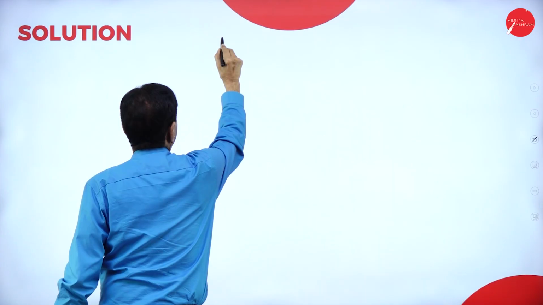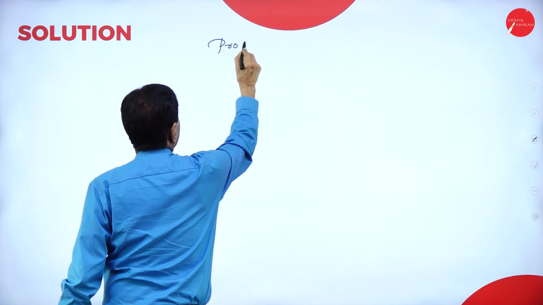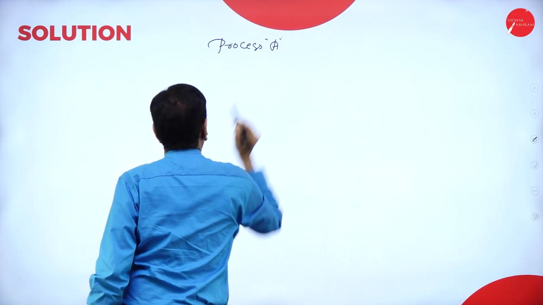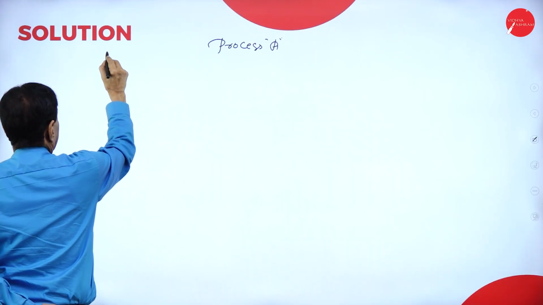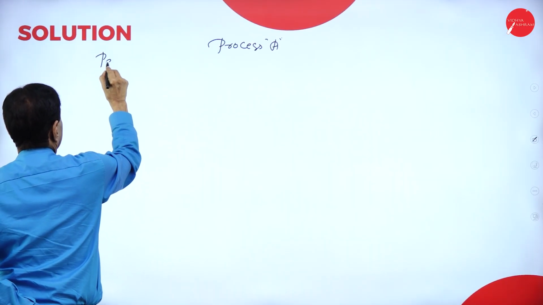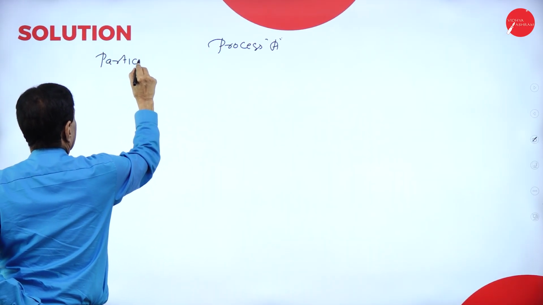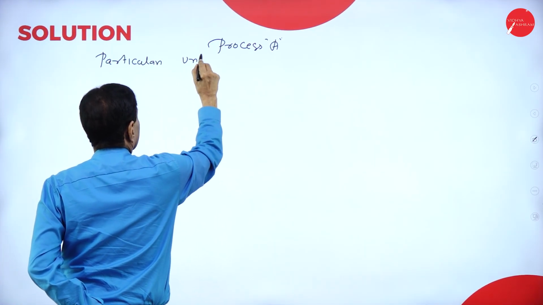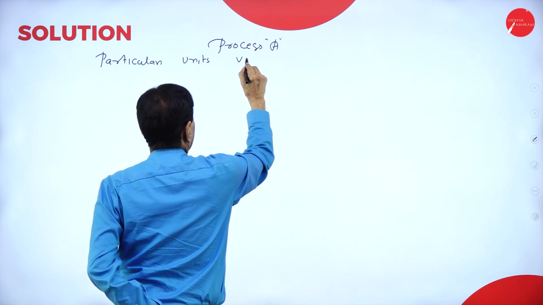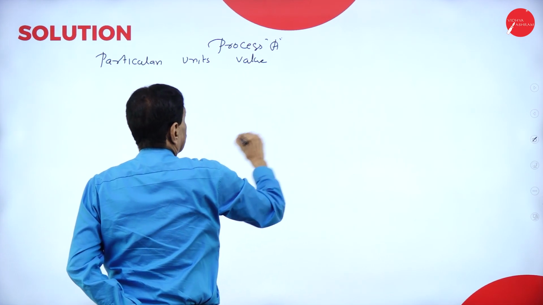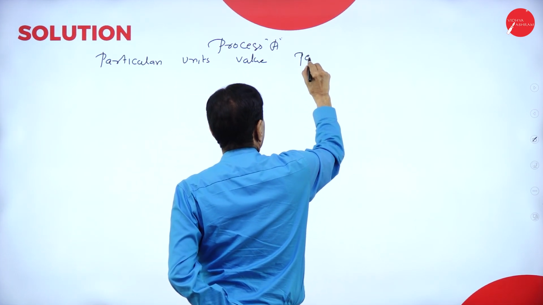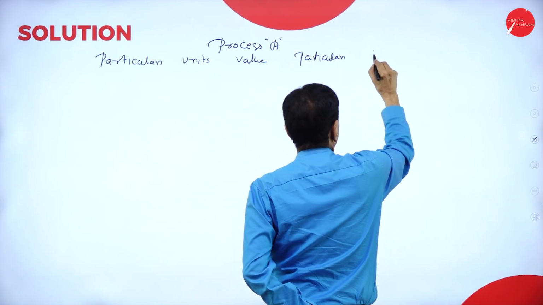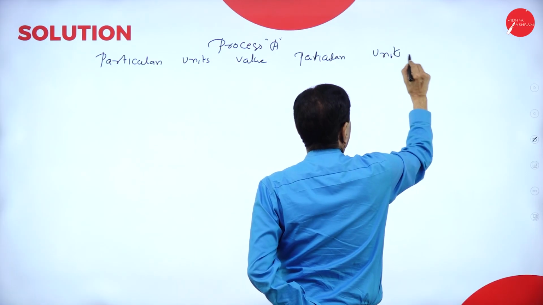This is your process A. Particulars, units, value. Particulars, units, value.